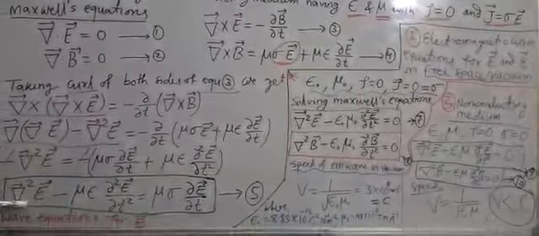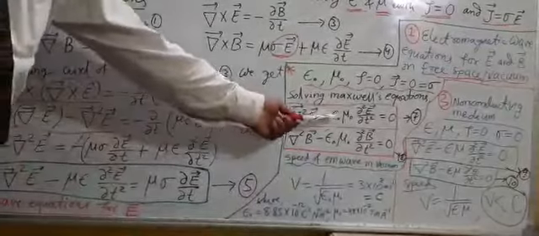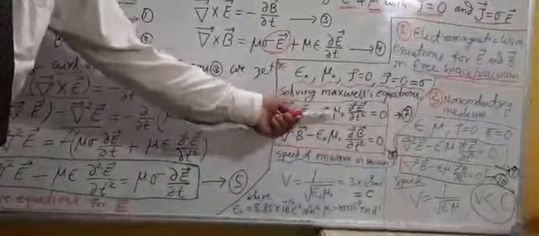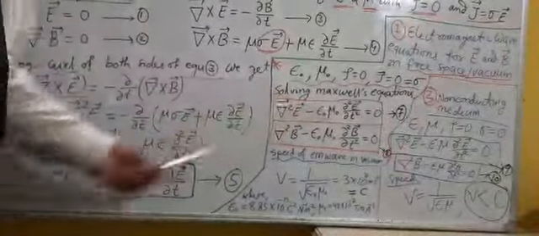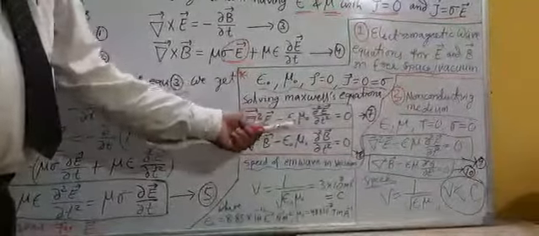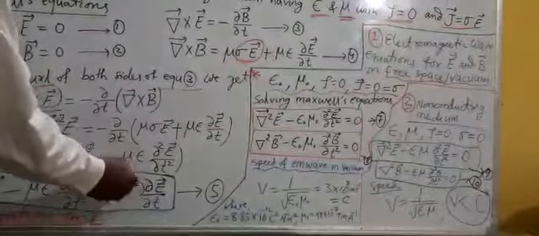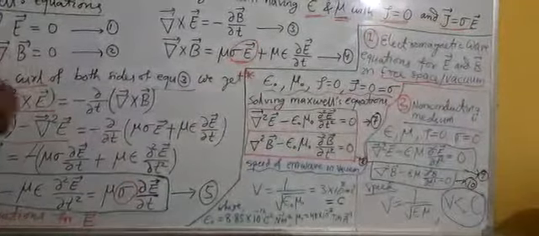The first term is the same. In the second term, here it is mu epsilon, and there it is mu naught epsilon naught. The only change is on the right side, where sigma is 0. The conductivity of free space is 0, so the right side is 0.